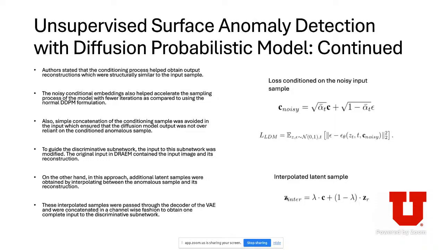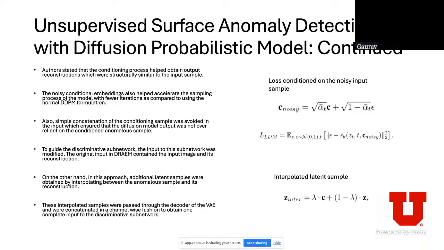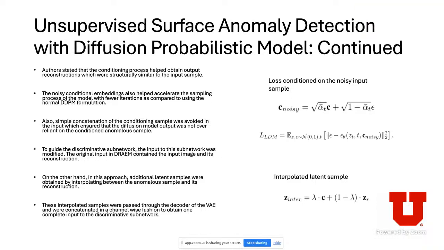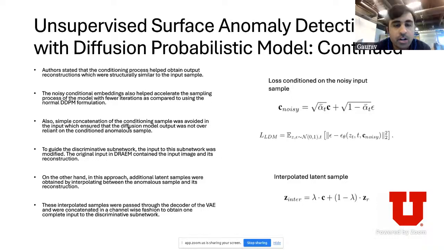So we have a diffusion component, right? The diffusion is trained on what? On just normal images? That is a very good point. In this particular case, the diffusion model is taking normal images, and at the training process it is also conditioning on the simulated anomalies.